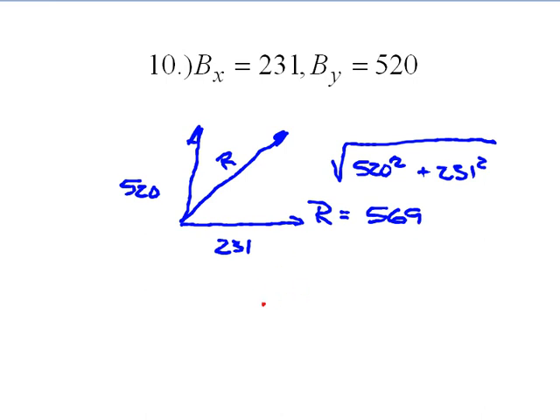Alright, now all we have to do is find theta. The theta we will find will be in here to the x-axis. We'll call that theta B. We're going to use the tan minus 1, and the vertical, or the y value, over the x value.